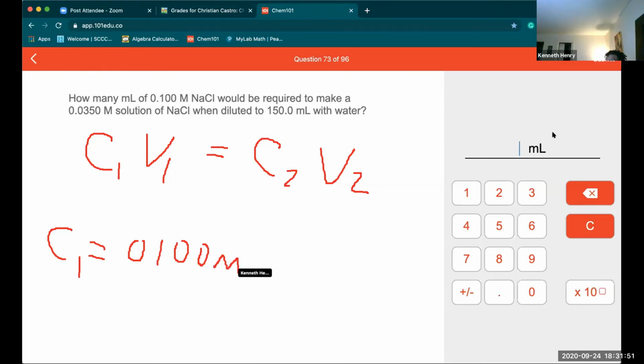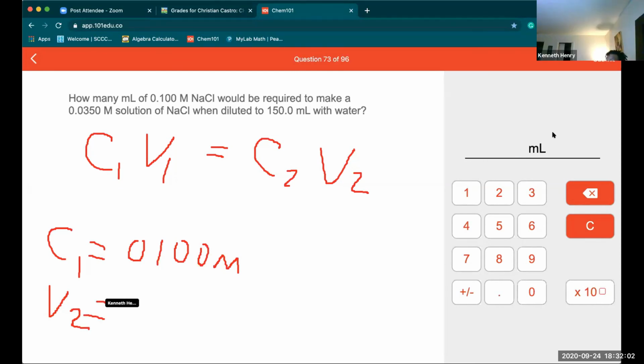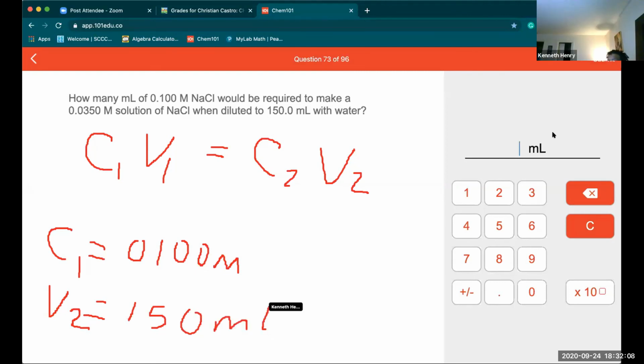And then you set your V2, because you want to know V1, right? Yeah. So V2 is going to be 150. And then the concentration for that one would be the 0.035. That's right. So that'll be your C2. And then you just solve for V1.